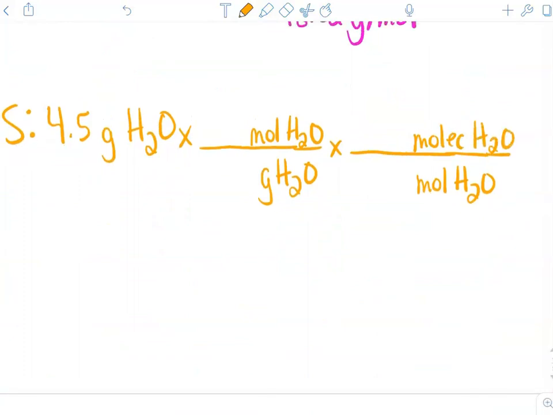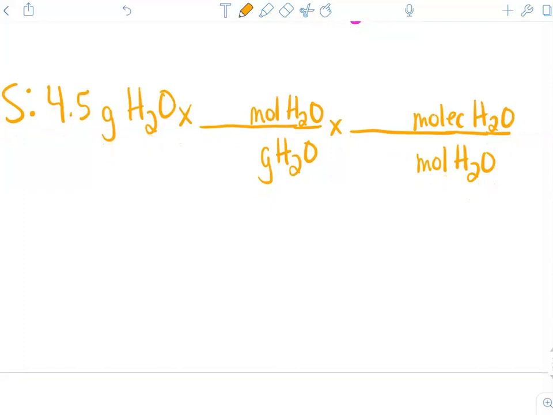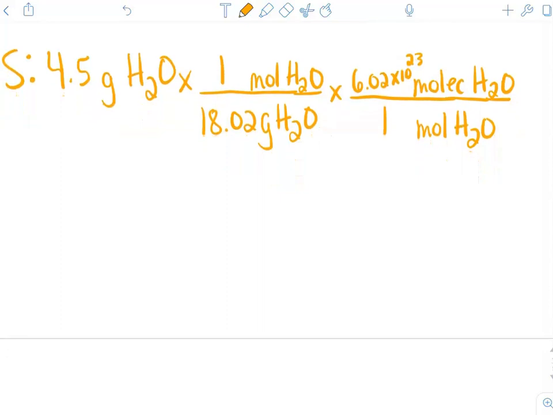And then we plug in our numbers. And again, for what we are doing right now, the 1 will always go with the mole. The number that you find in your molar mass will go with grams. And then 6.02 times 10 raised to the 23rd will always go with atoms, molecules, formula units, whatever. Okay?